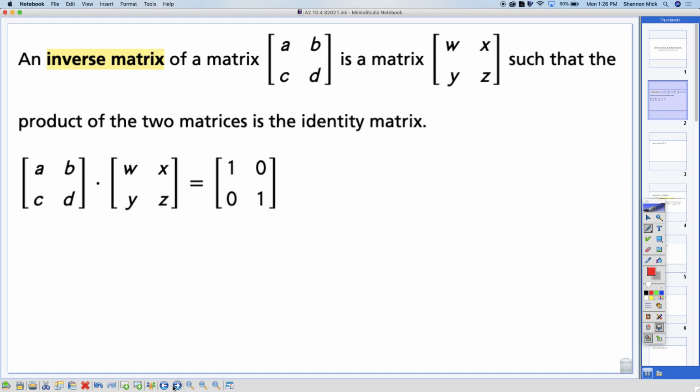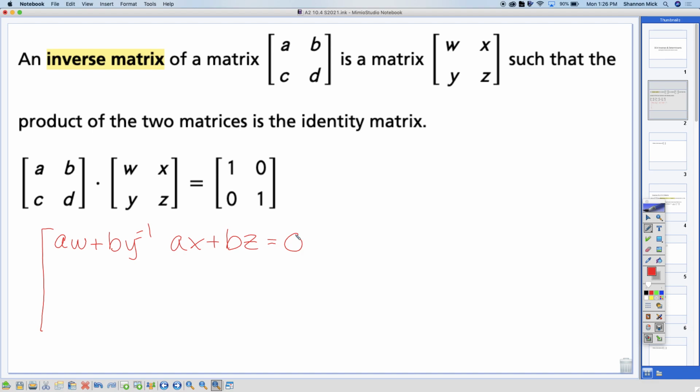So that means I would have to take A times W plus B times Y, that would be my first term, right? And then A times X plus B times Z. And this would have to equal 1, right? And this would have to equal 0.